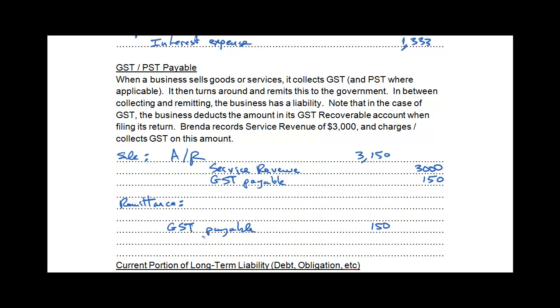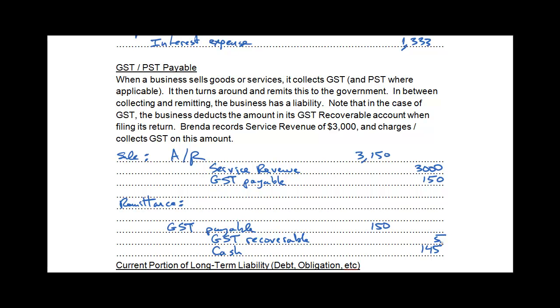But we also have that GST recoverable account, where we paid GST and recorded the $5 that went in there. So we zero out both of these accounts, and the net amount is what we pay to the government, which in this case is cash of $145.